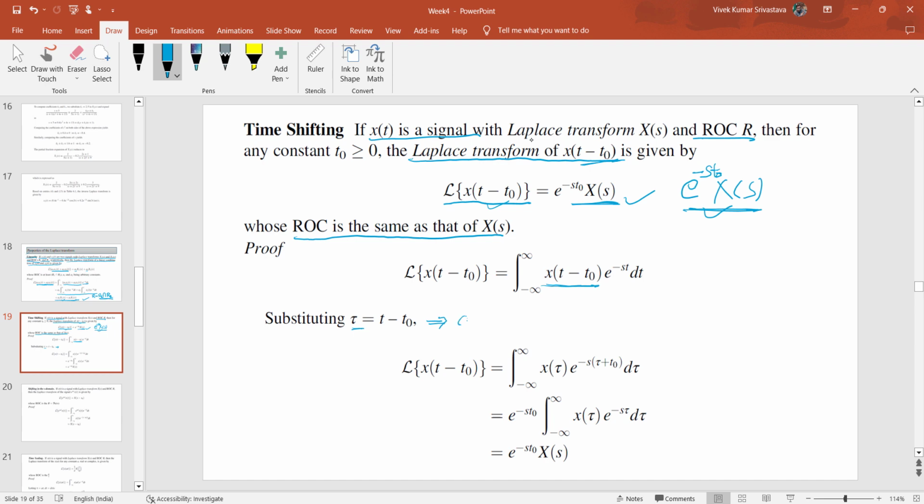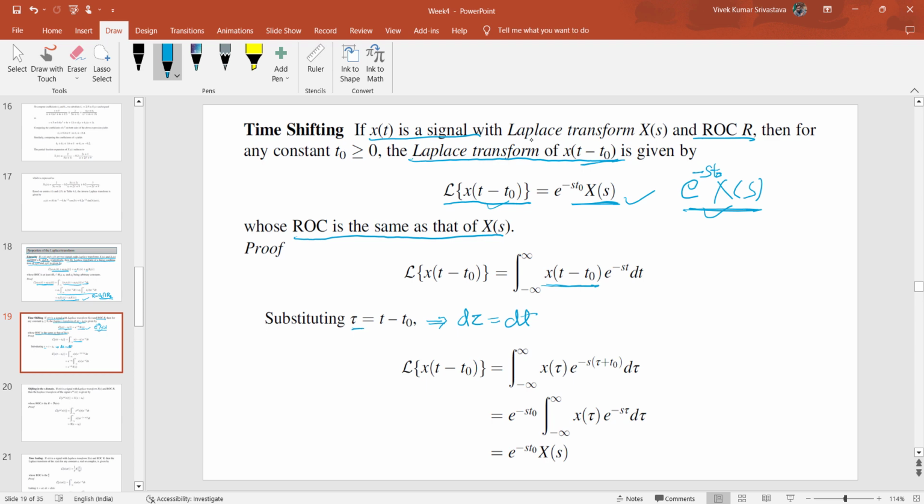Once you take the derivative, d tau equals dt, and the limits of integration remain the same, so this equals the integral from minus infinity to infinity of x of tau times e raised to the power minus s into tau plus t naught, d tau.